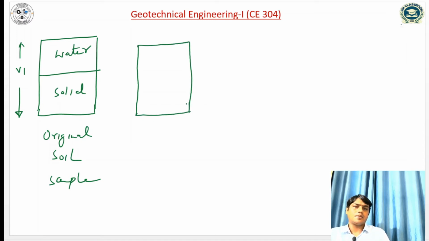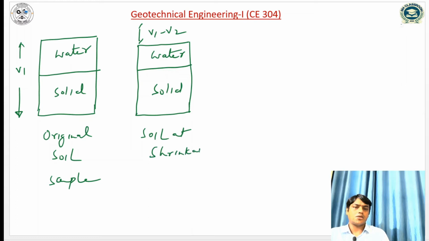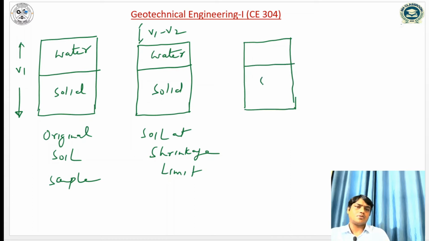We can see this is the soil solid and this is water, and there is a reduction in volume, that is V1 minus V2. And after drying the soil sample, this is the soil solid, and this will be air.